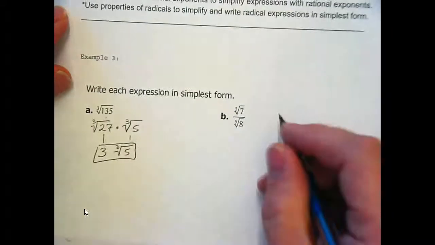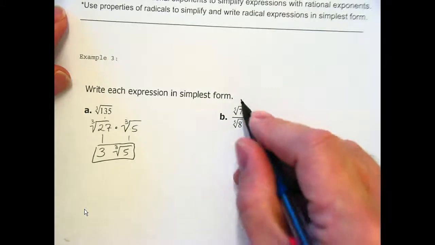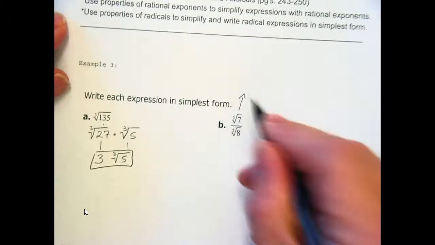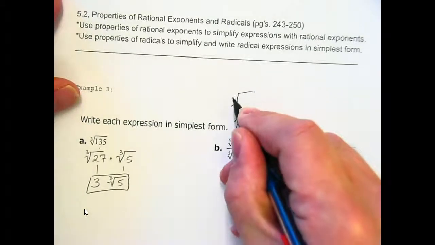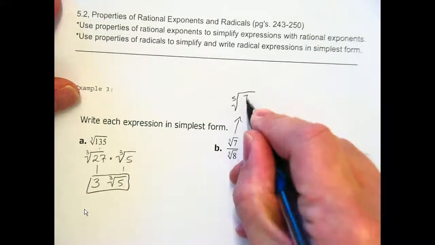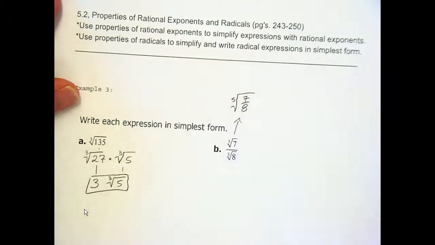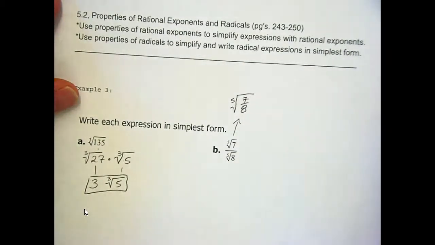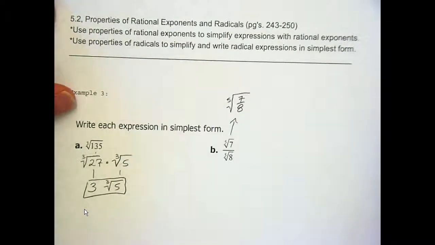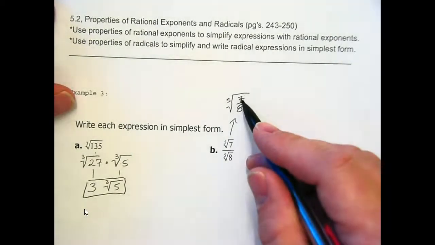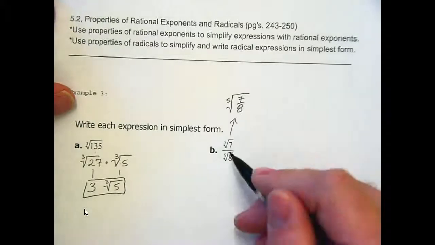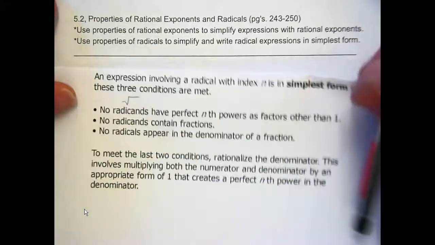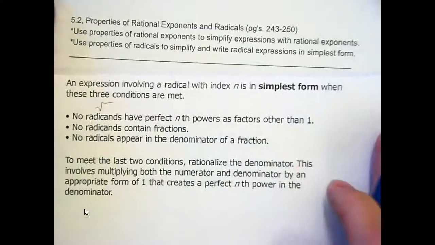In other words, we don't want to actually write it like this because we are making it a less simplified problem. But this could actually be that: the 5th root of 7/8. Now, that is a fraction under the radicand. And the last one is no radical appears in the denominator of the fraction.